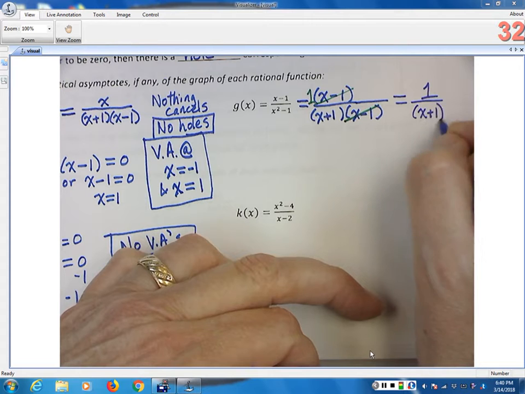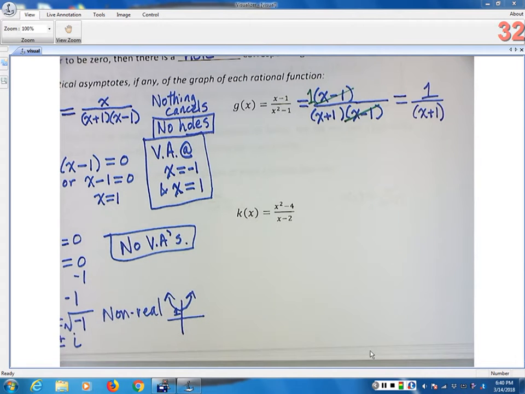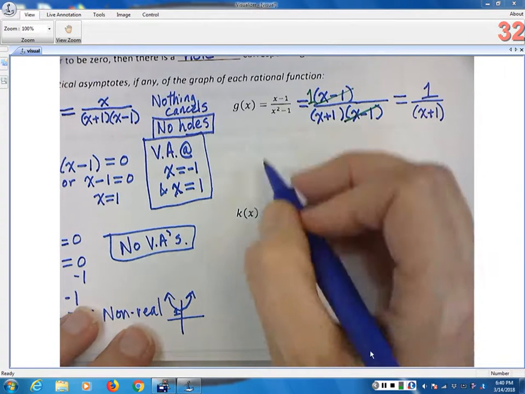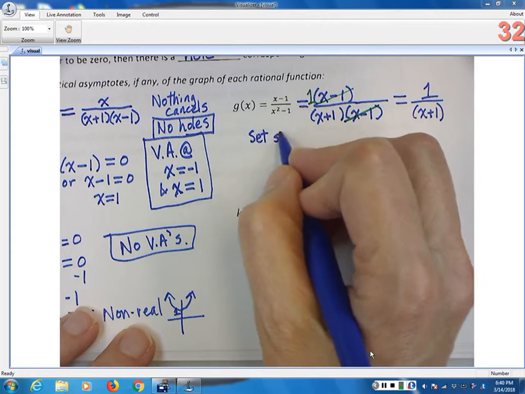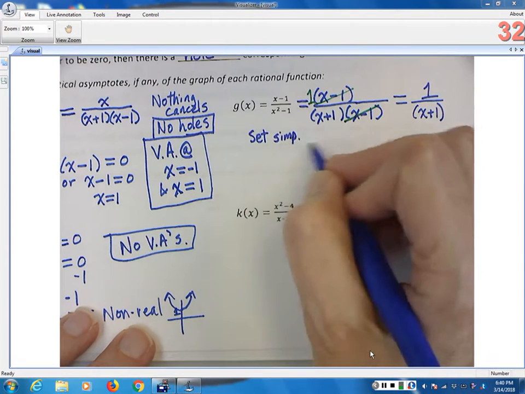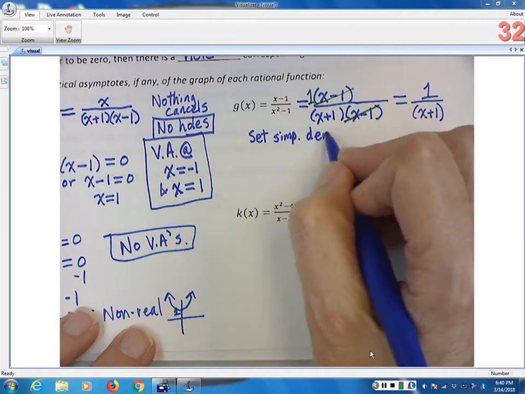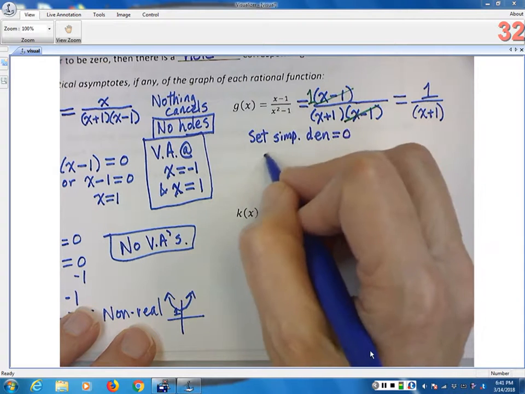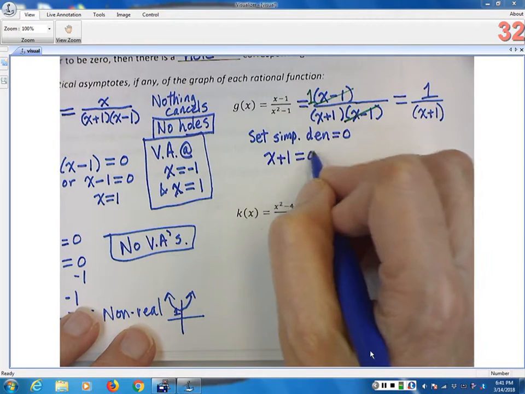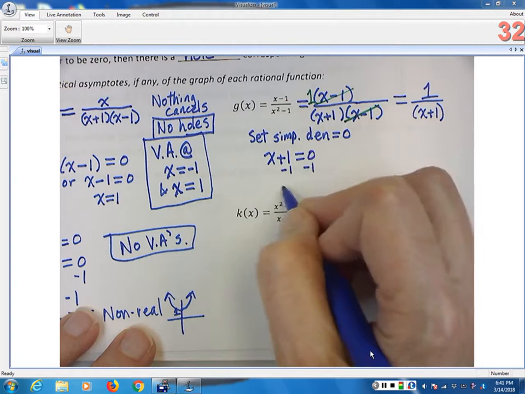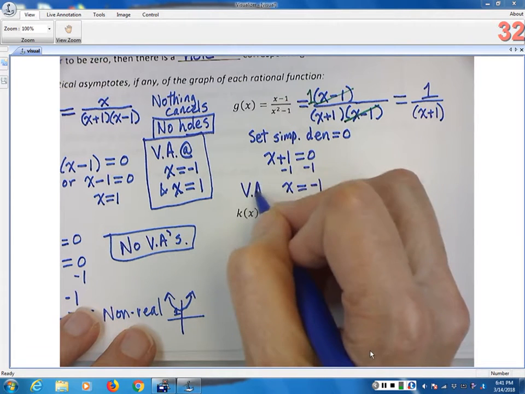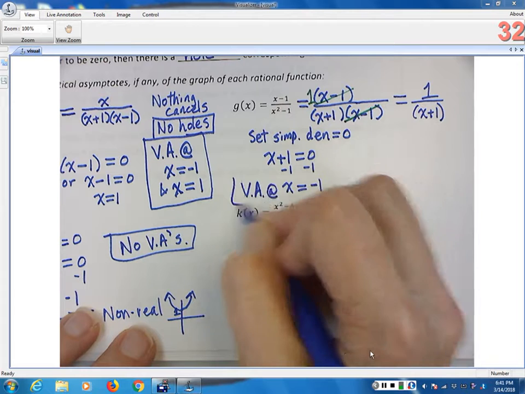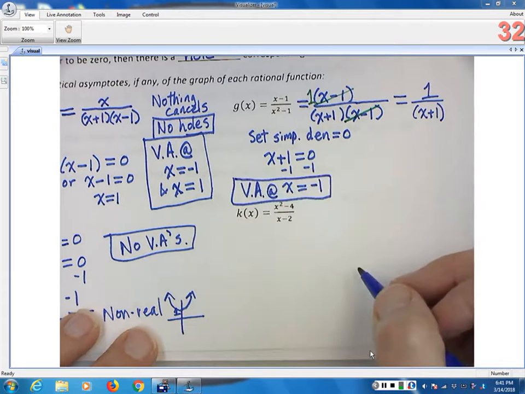It's simplified. So to find our VAs, you do have to set the simplified denominator to 0. X plus 1 equals 0. So x equals minus 1. We have a VA at x equals minus 1.